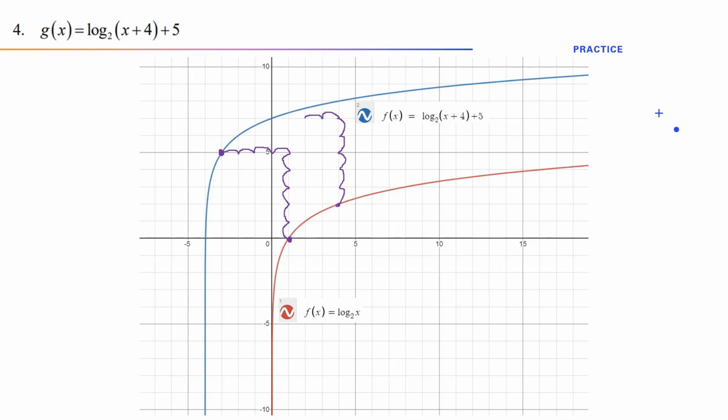Then move to the right, I mean to the left 4 units. Vertical asymptote at x equals -4.